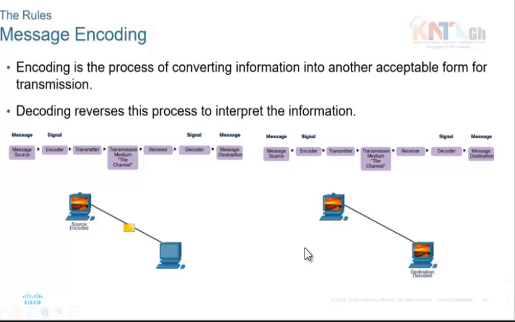So here, you have a message source, and then the encoder changes the signal so that it can be transmitted on whatever transmission medium. So if the transmission medium carries the signal and it reaches the receiver, the receiver also decodes it into a format that the destination device can understand and interpret.